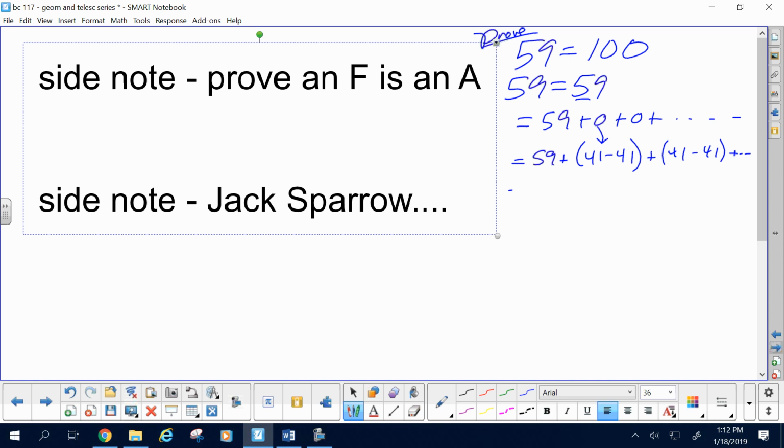Okay. Do you agree with the associative property of mathematics, which is to say that when you're adding, the order in which you group does not matter. If I add these, this is the same as this.